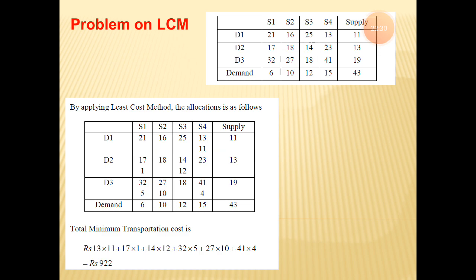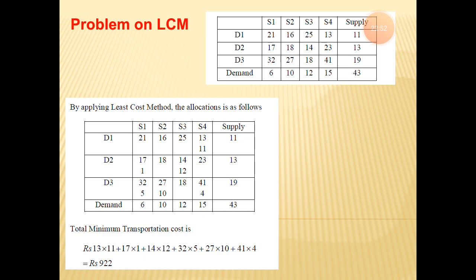Next, you come to the next minimum in the matrix. Which is the minimum available? 17 is next. We cannot allocate for 16 because its supply is already exceeded.